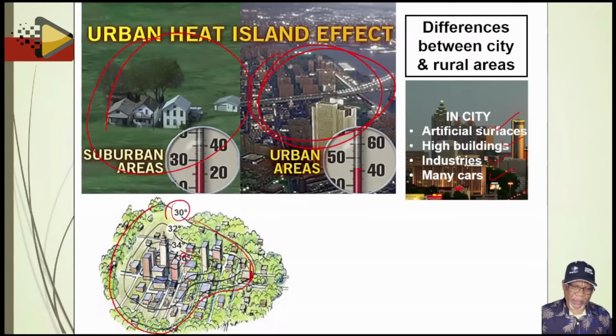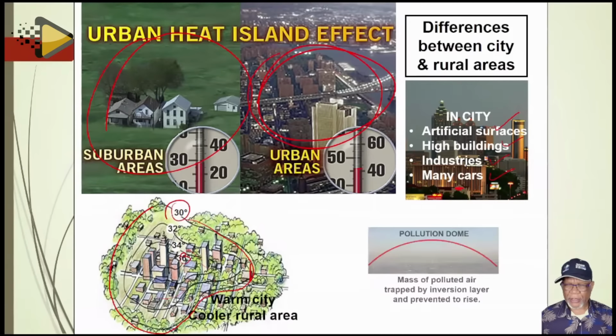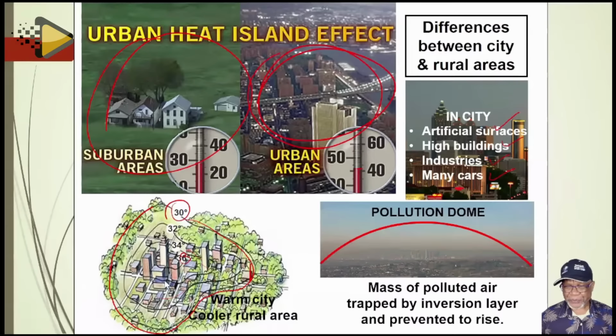Why? Now you can start looking at the artificial surfaces. You can think that these are tall buildings that are absorbing more heat. There will also be more activities and more vehicles. So this is the reason why urban areas will be warmer than rural areas. And then we have what we call the pollution dome.